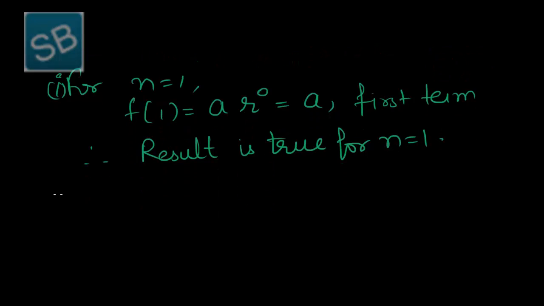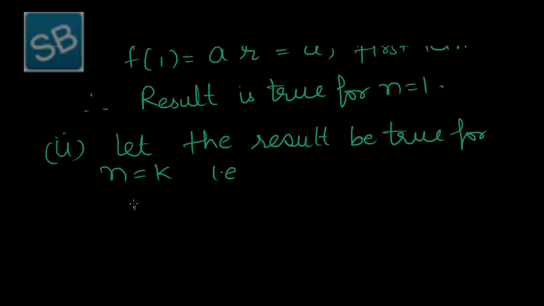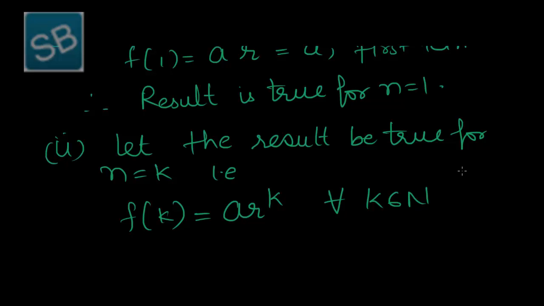Now we will assume the result to be true for n is equal to k, that is f of k is equal to a r raised to k minus 1 for all k belonging to n.